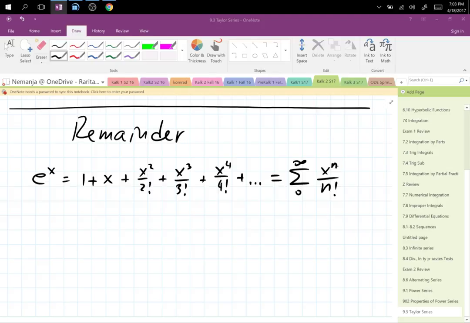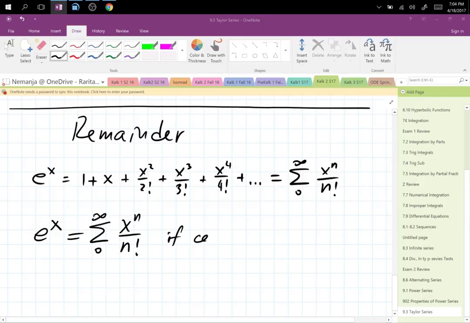But you see this one is centered at 0, right? So e to the x is equal to the summation from 0 to infinity of x to the n over n factorial if centered at 0.